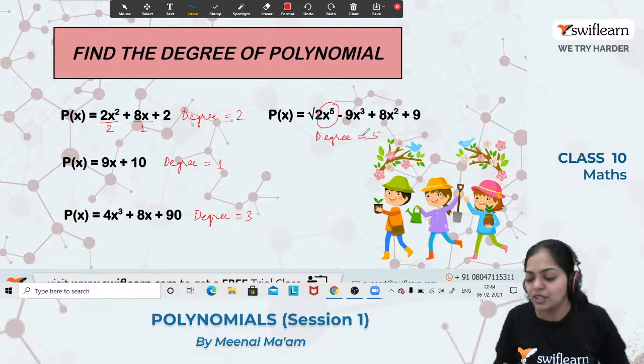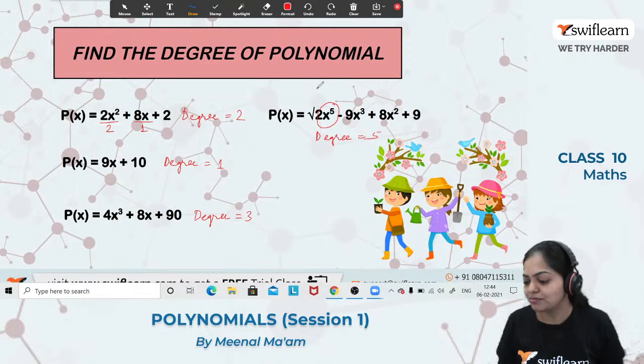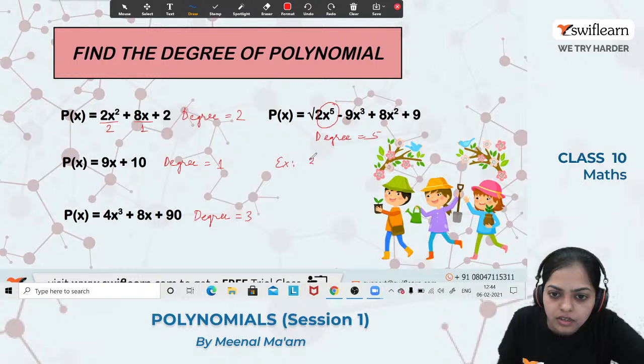Got it everyone? I think now you all understood how to find the degree of a polynomial. I will give you one more example, and you have to tell me the degree of this polynomial. The example is 3x cube plus 4y plus 2x square y square.